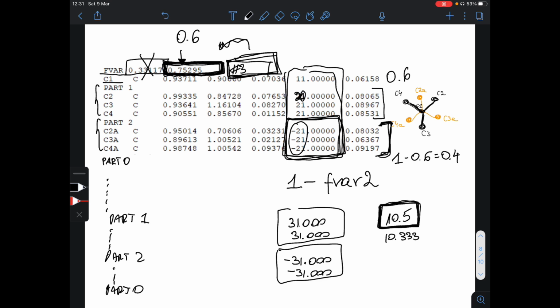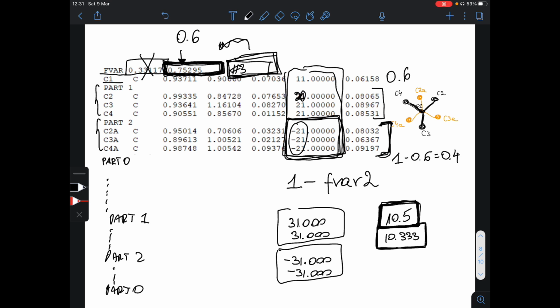It's just fixed at 10.5, for example if it lies on a special position such as a mirror plane. If it would be 10.333, it means that occupancy of that atom is also fixed and is 0.333333.